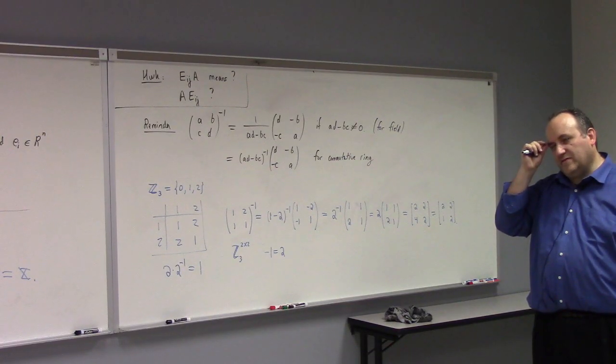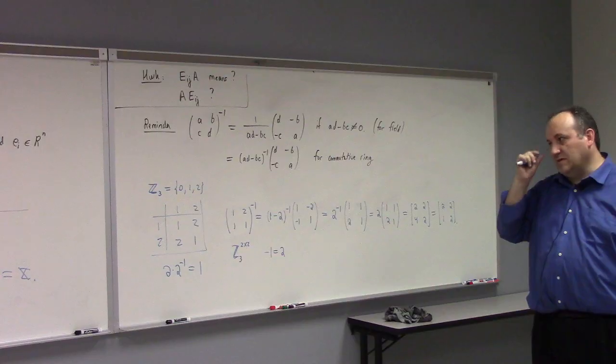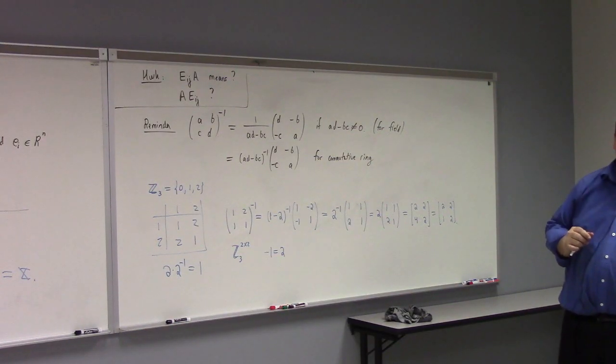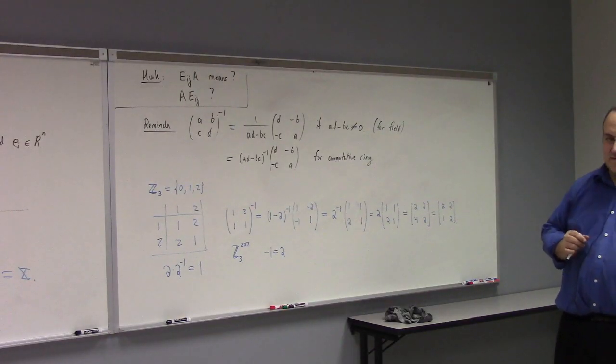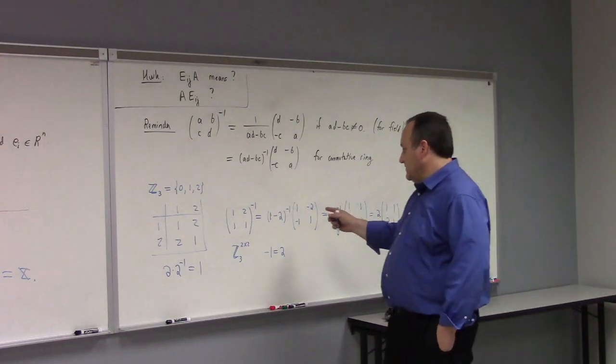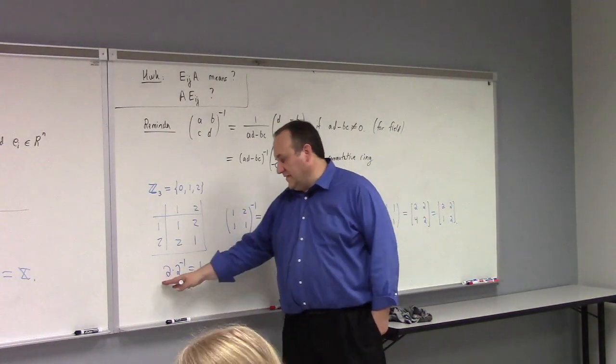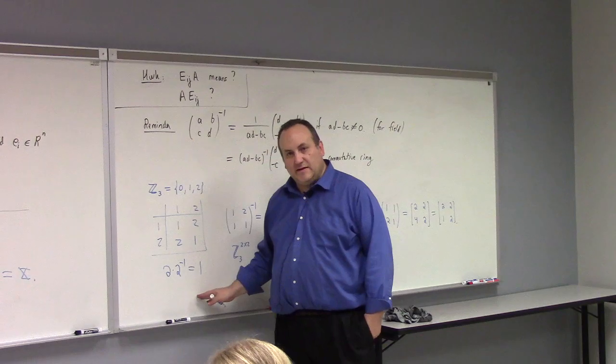The fraction notation sort of assumes commutativity, and it's generally not done. If you want to make Dr. Sprano unhappy, use fraction notation in Z mod 5 or something. Don't do this. Instead, we write 2 inverse rather than 1 over 2, with the understanding that it's the element that, when multiplied by 2, gets you back to the multiplicative identity.